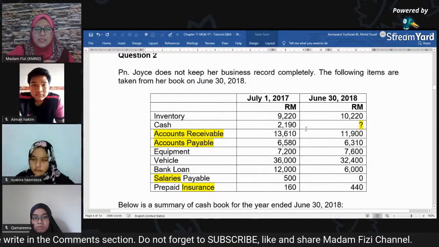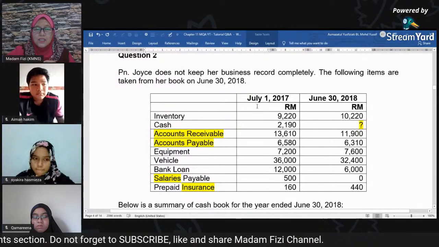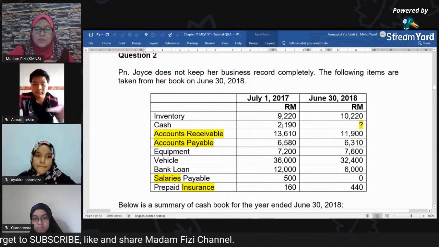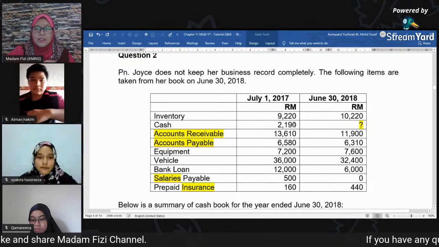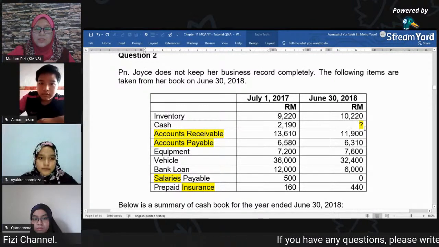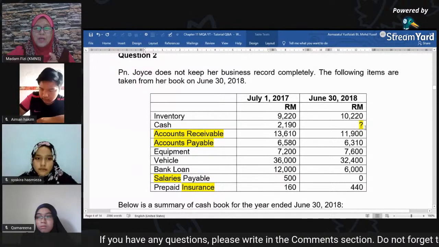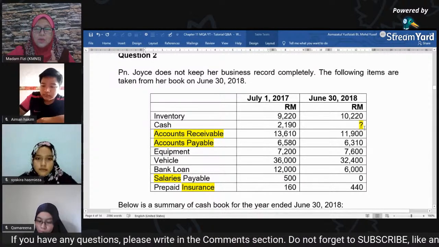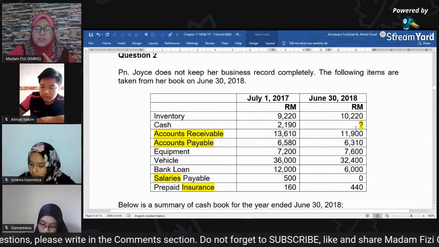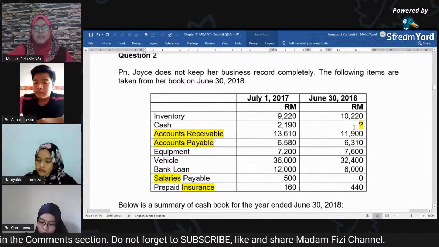You can see here for cash, the opening is 2,190, but for the closing is the question mark. So it means that you have to find out what is the closing balance for cash.